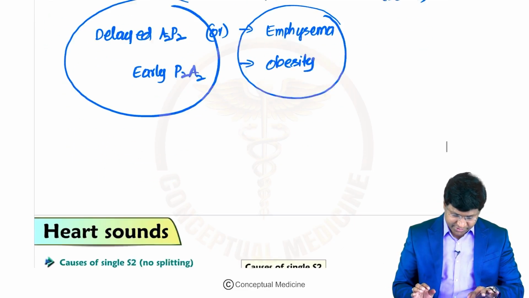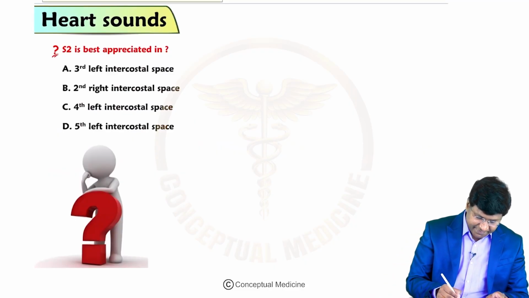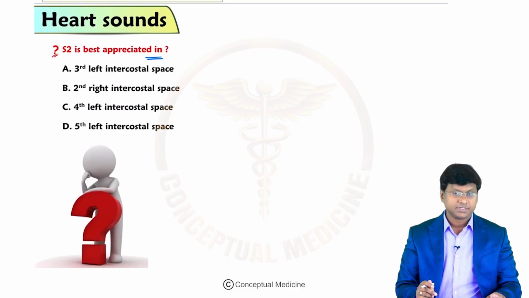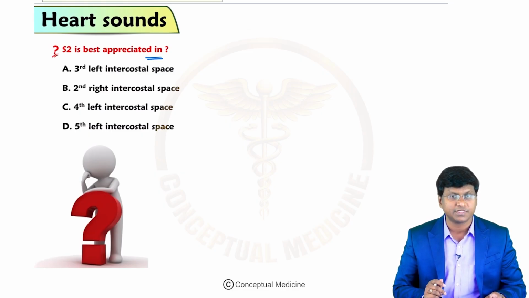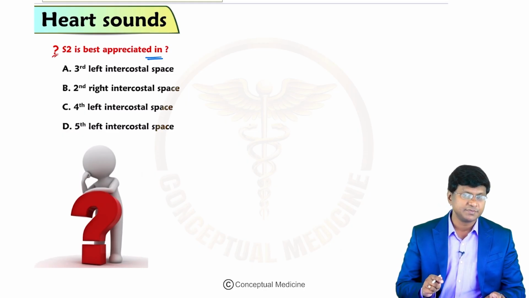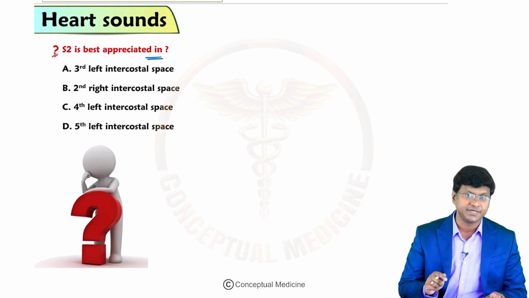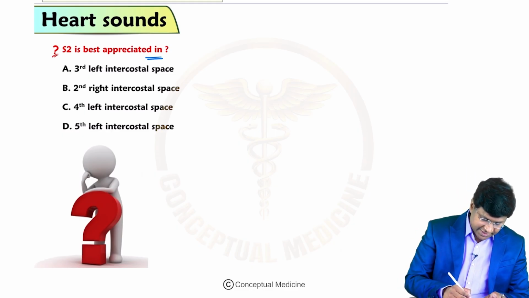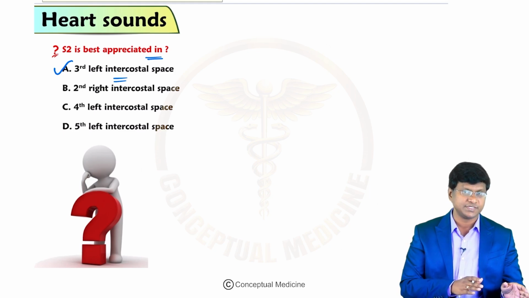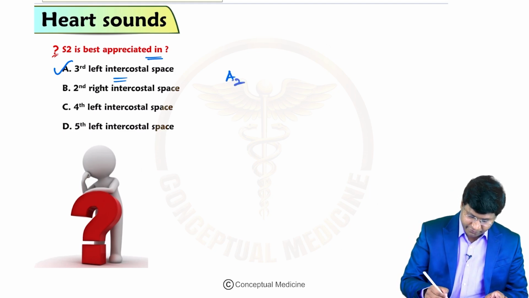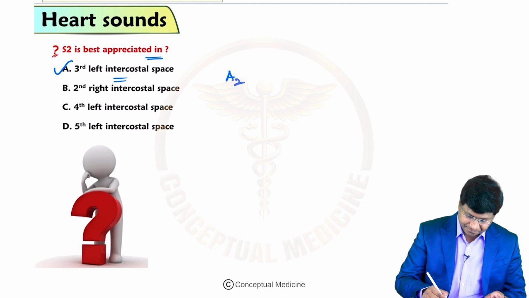The next important question is, S2 is best appreciated in which area: third left heart sound, second right intercostal space, fourth left intercostal space, fifth left intercostal space. So please remember S2 is best appreciated at Erb's point, which is nothing but the third left intercostal space. But if individually the question is asked, where will you appreciate A2 better?